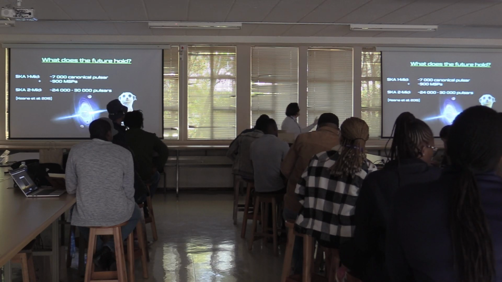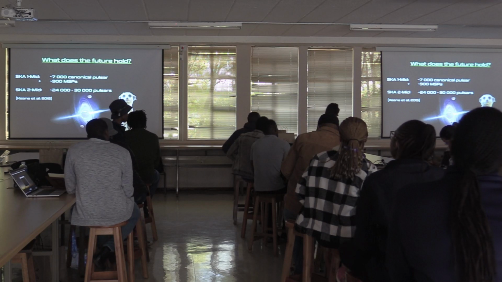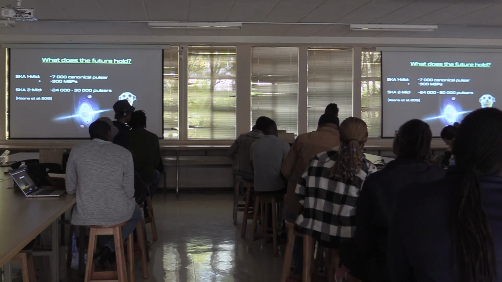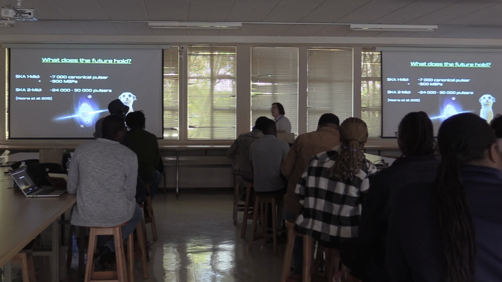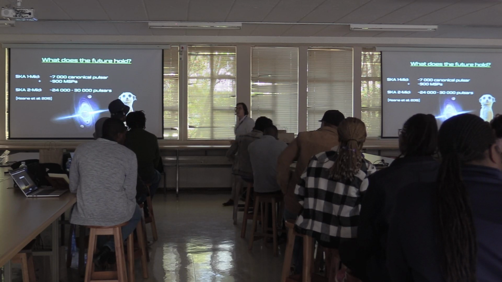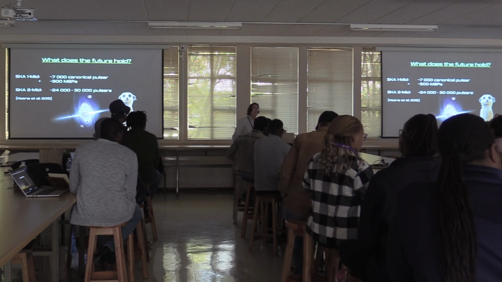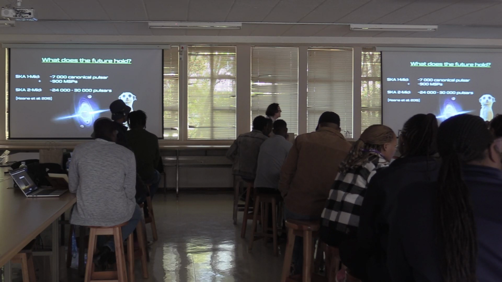Whereas for the full phase 2 SKA, we should be able to find anywhere between 24,000 and 15,000 pulsars. So it's looking very likely that in the coming SKA future there's going to be a real boom in the number of pulsars that we find.